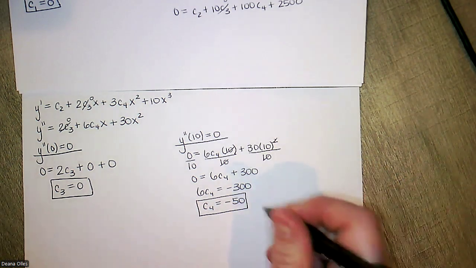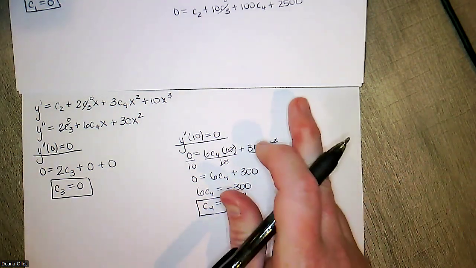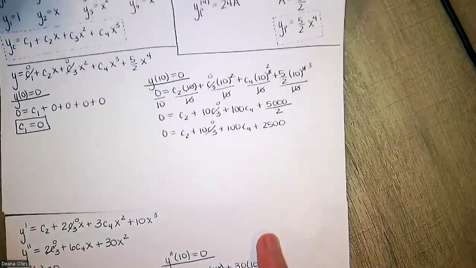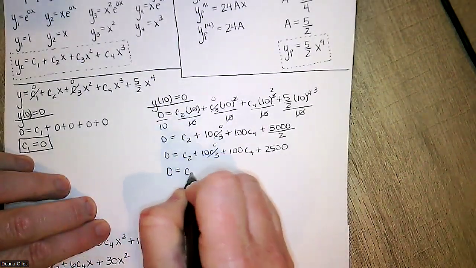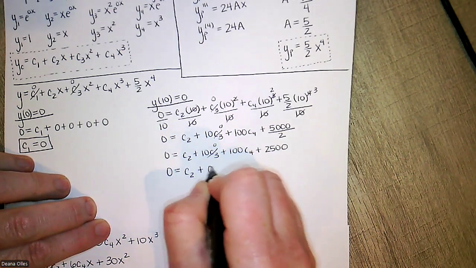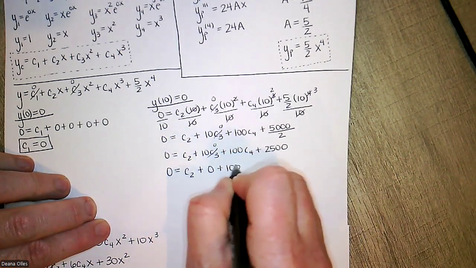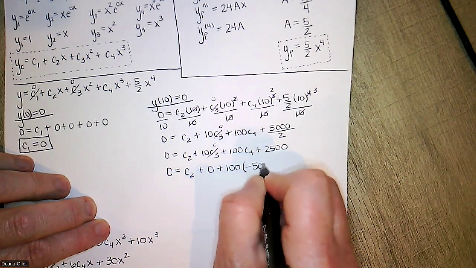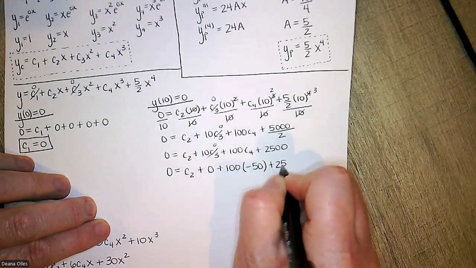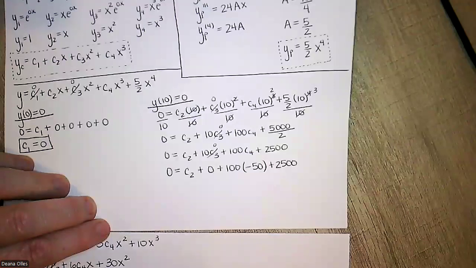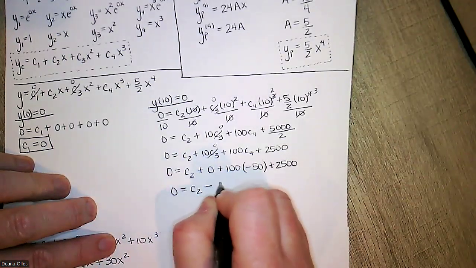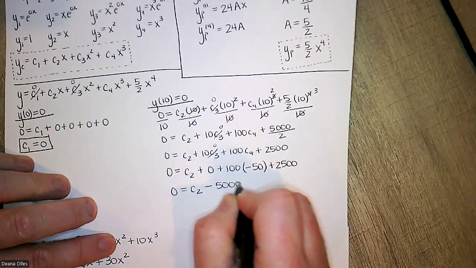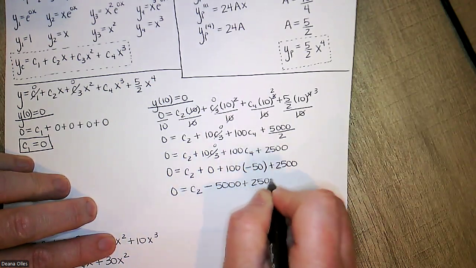So now that I know what C4 is, I can plug that in up here and solve for my remaining constant, C2. So I have 0 equals C2 minus 5,000 plus 2,500.